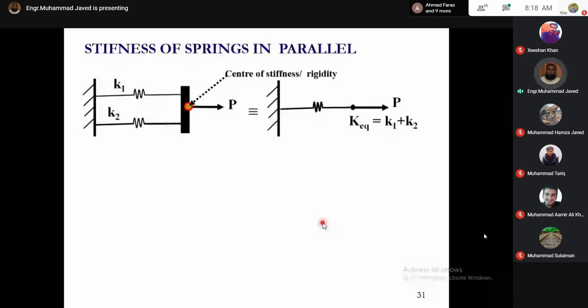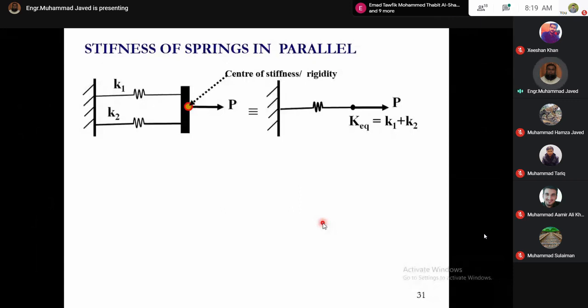These two columns can be considered as two springs because they have properties like a spring. A spring can be stretched or compressed, and while doing so, it stores strain energy. And if we remove the force, the spring will come back to its original position, just like if a structural system is loaded.